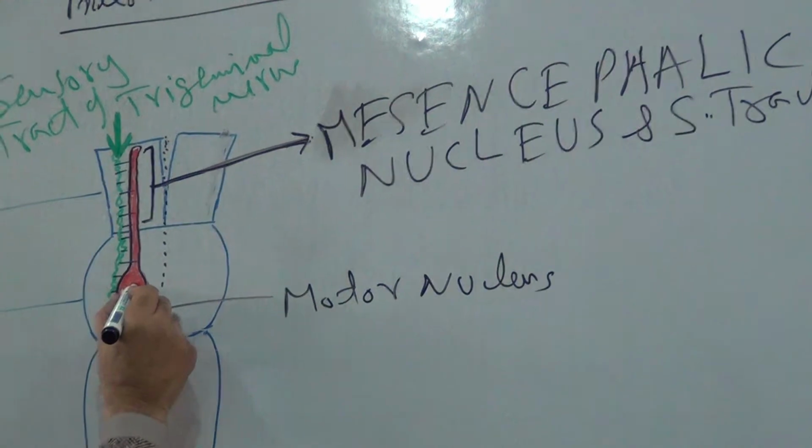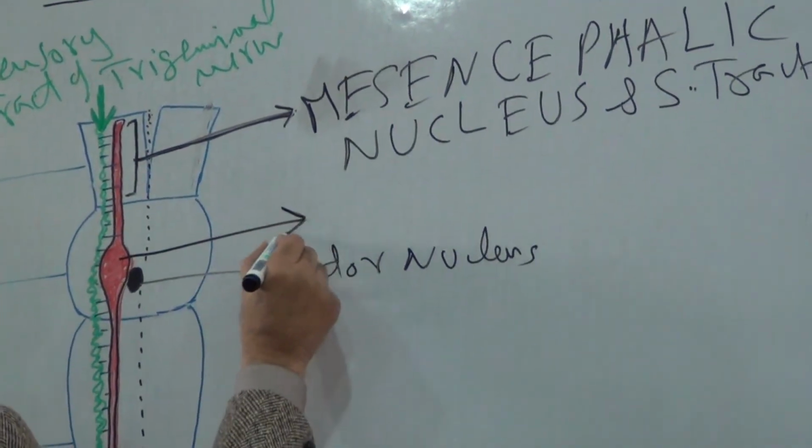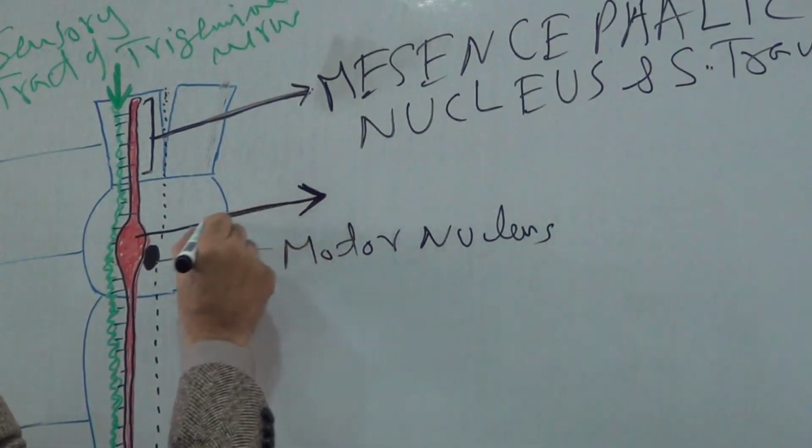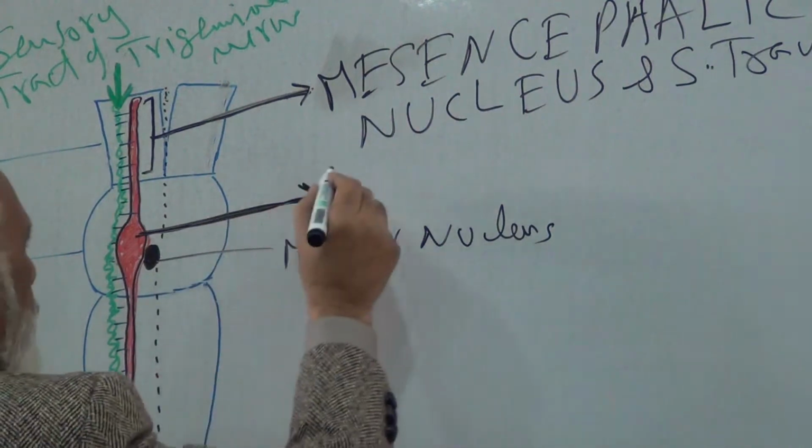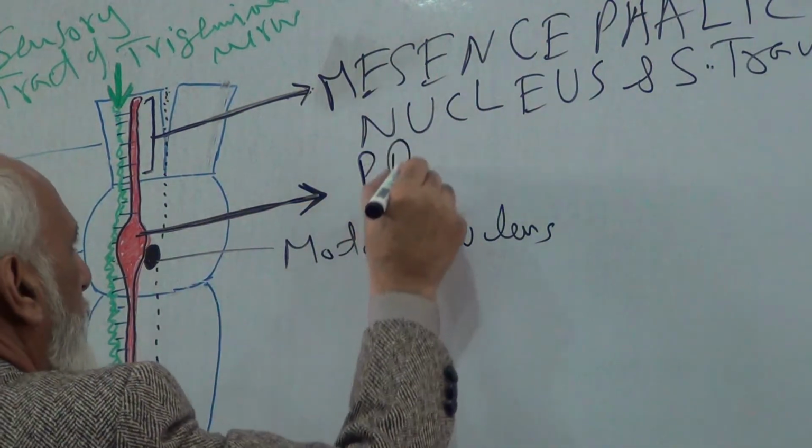Now, this part of the sensory nucleus of trigeminal nerve, which is in the pons, is known as the principal sensory nucleus.